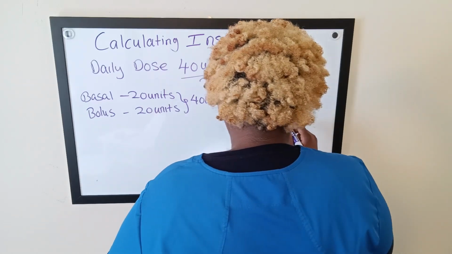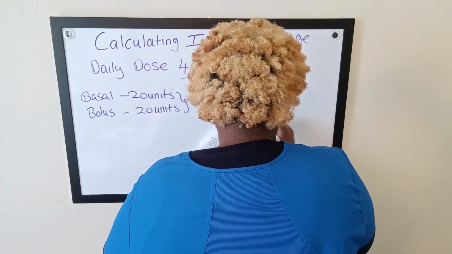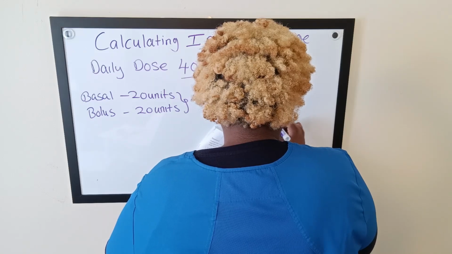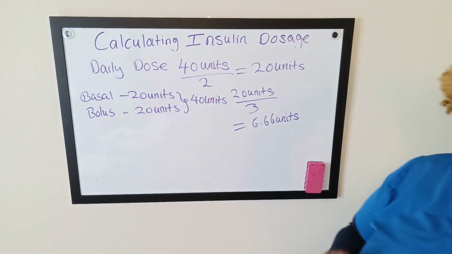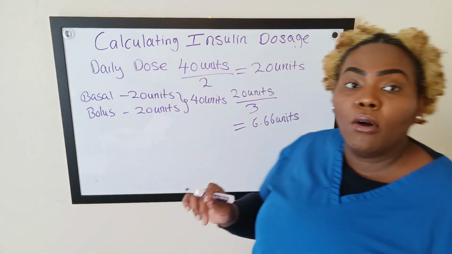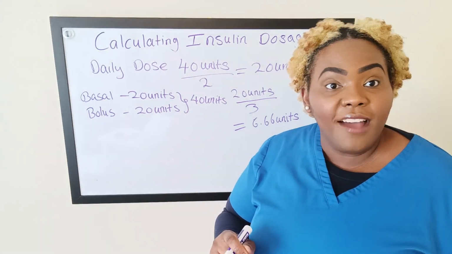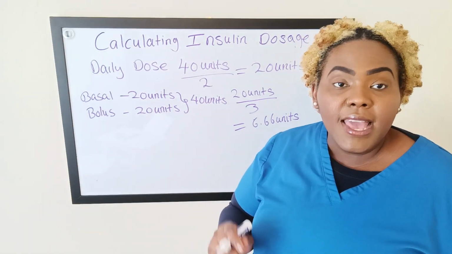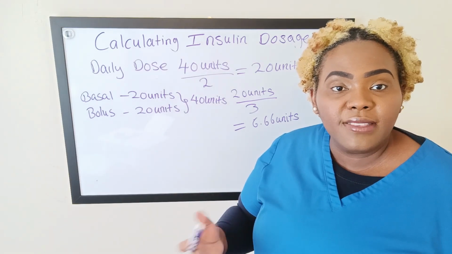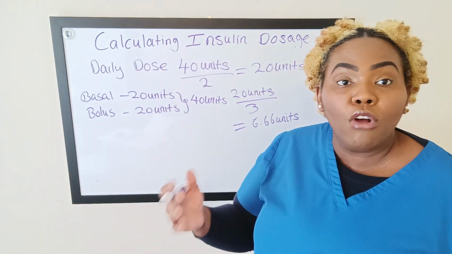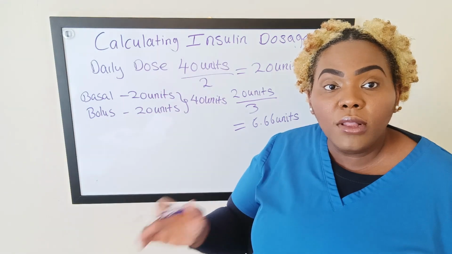It will give us 6.66 units. That is the exact answer. But we know on our insulin syringe, it doesn't have 6.66 units. And from going to school, doing maths, we know when we have 6.66, we're going to round it off to the nearest whole number.